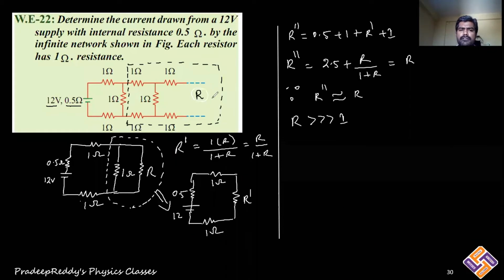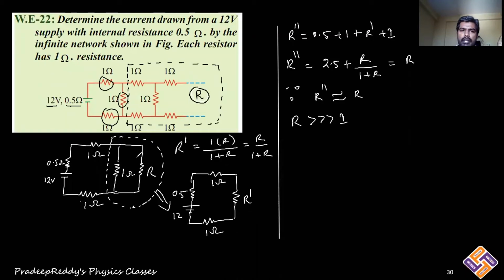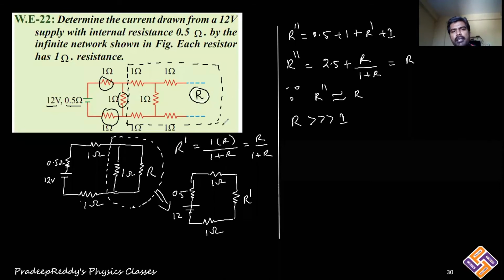Therefore R is much greater than the 1 ohm resistors. So if you are adding 1 to this R, it is approximately equal to R.